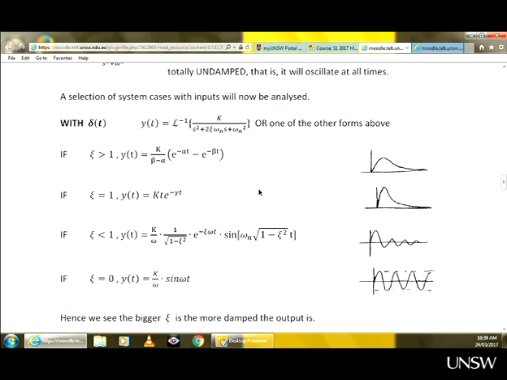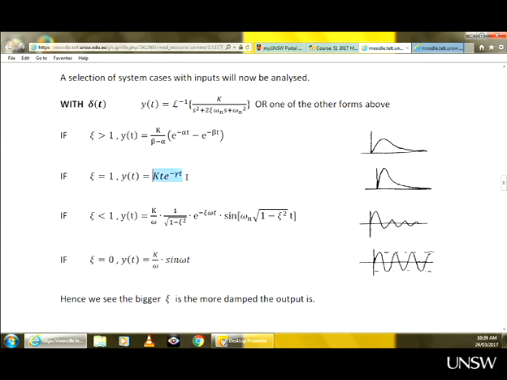Over here, it's kt e to the minus gamma t. Try to analyze this function a little bit, and you will have something like this. So another function that starts from 0, reaches a peak, and then exponentially approaches 0.